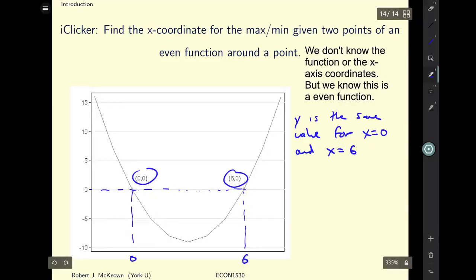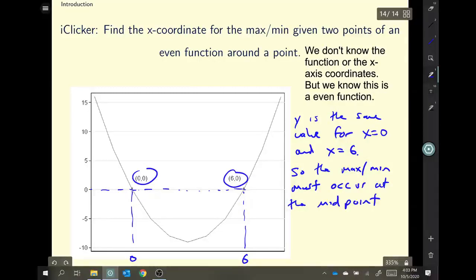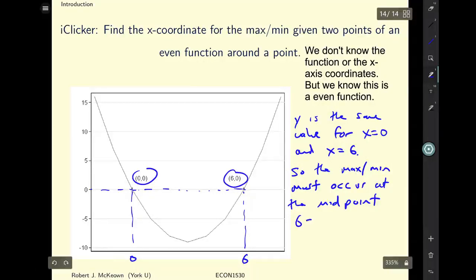So the max or min must occur at the midpoint, which in this case is going to be 6 minus 0 divided by 2. It's equal to 3.